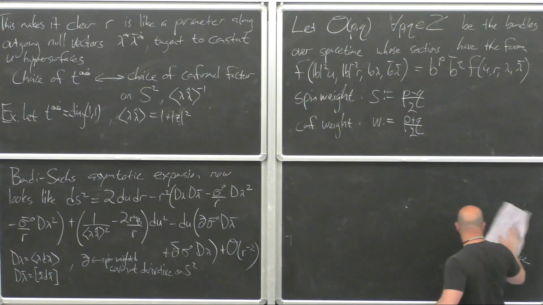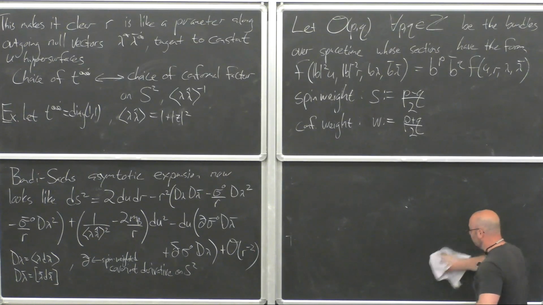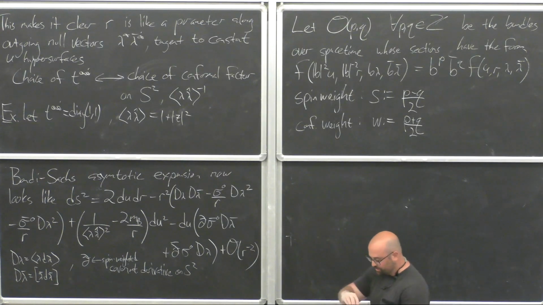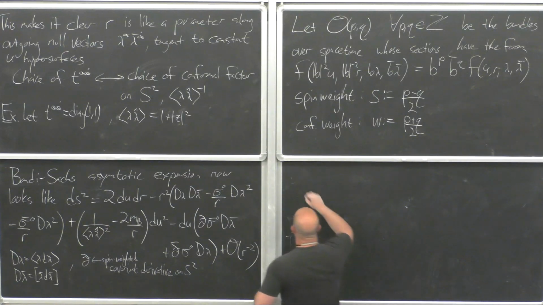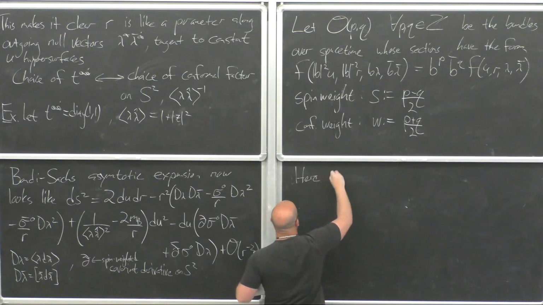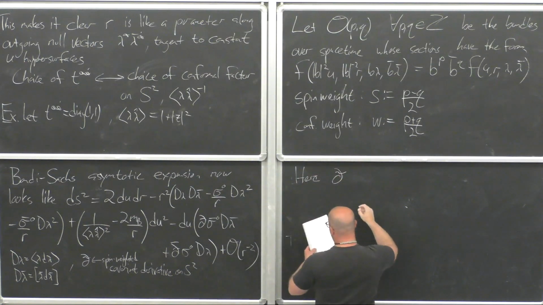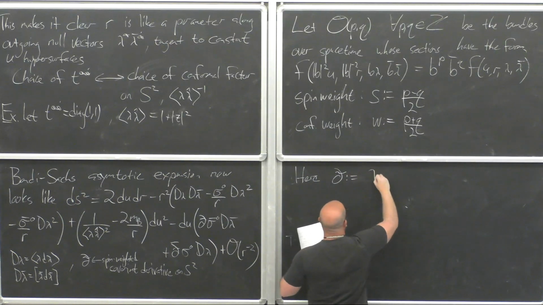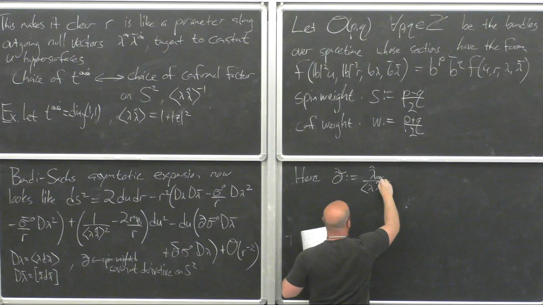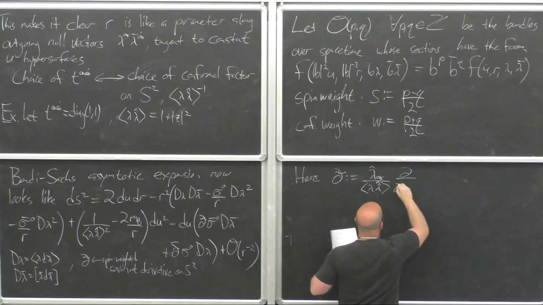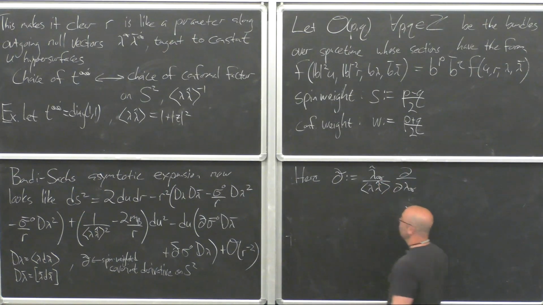So what does it actually look like in these homogeneous coordinates? Here, eth is just lambda hat alpha over lambda hat d by d lambda alpha. Now you might say, wait a second, Tim, I thought this was supposed to be spin weighted.